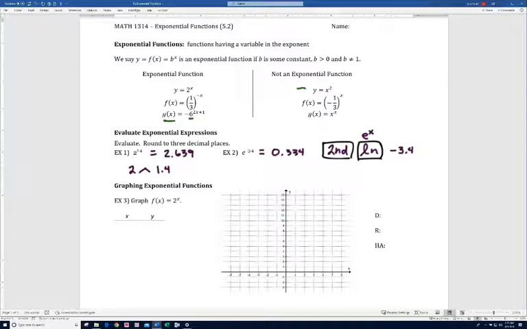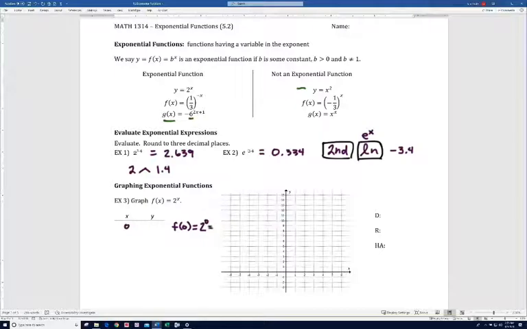All right, so now let's look at how we graph exponential functions. It turns out that it's not too difficult to find points for an exponential function, especially the more basic functions. So let's go ahead and plug in 0 here. f of 0 would be 2 to the 0 power.